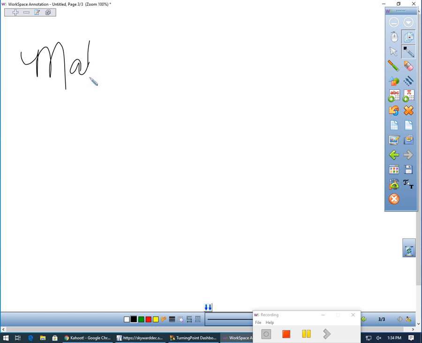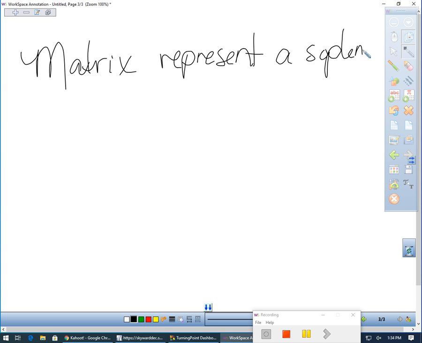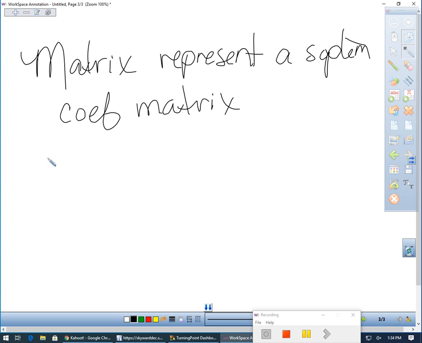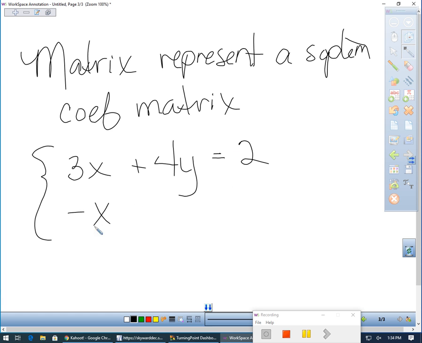Matrices, or a matrix, can represent a system by what we call a coefficient. It's supposed to be an O, by the way. Doesn't look like it, but it's supposed to be. Coefficient matrix. So, if you are given the system, let's say 3x plus 4y equals 2, and negative x plus 7y equals 5.